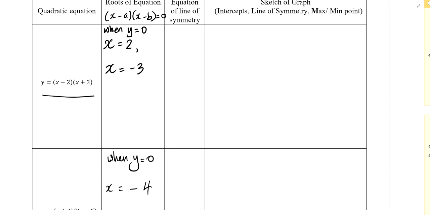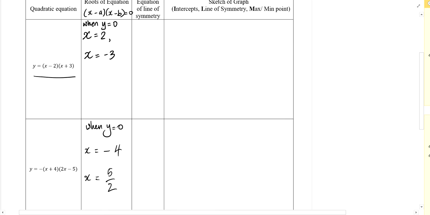Now I want you to tell me, are these parabolas opening upwards or downwards? Positive, so it is a parabola opening up. Do a quick sketch.